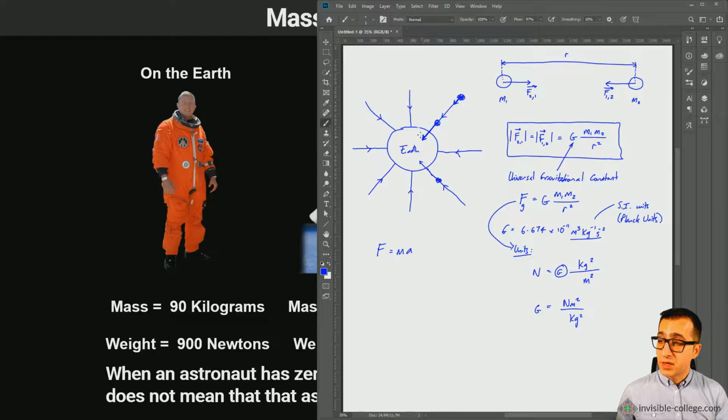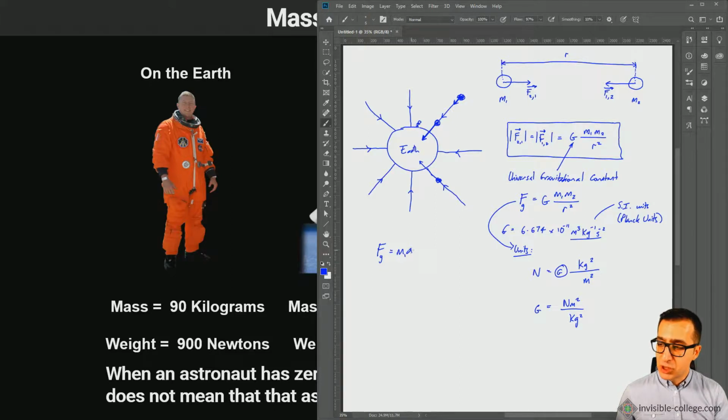If we think of the gravitational force of an object such as, for example, your own body, imagine that I am standing on the surface of the Earth over here, obviously not drawn to scale. I'm standing here, let's call my mass m1. Now, the force of gravity, according to Newton's second law, is going to be my mass, m1, multiplied by the acceleration that I experience due to the force of gravity, my weight acting downwards.